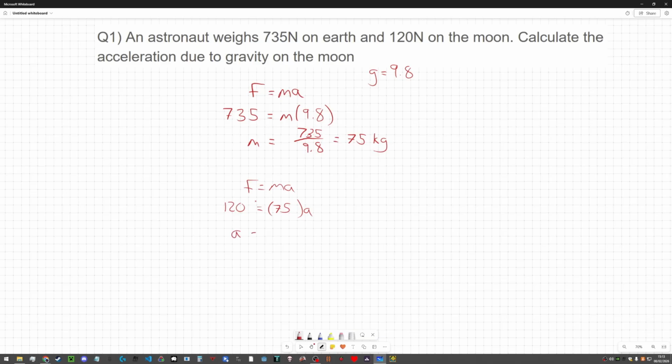Rearranging, we get that the acceleration is equal to 120 divided by 75, which if you put that into a calculator is 1.6. So our final answer is 1.6 meters a second squared.